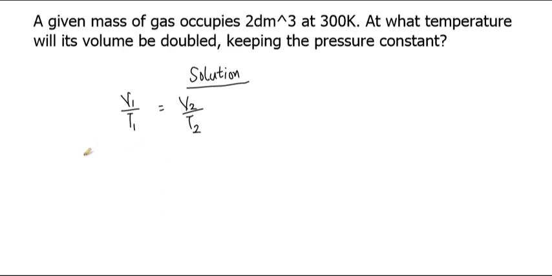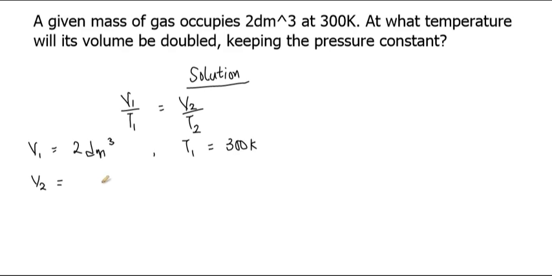So let's proceed. The next thing to do is to write out the values given from the question above. For V1, which is the initial volume of the gas, we have V1 equal to 2 dm³. Then T1 is 300 Kelvin. For the final values, we need to understand that V2 is doubled.